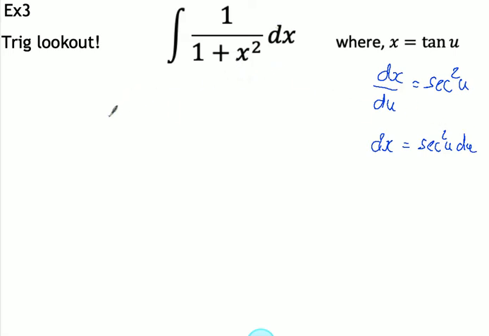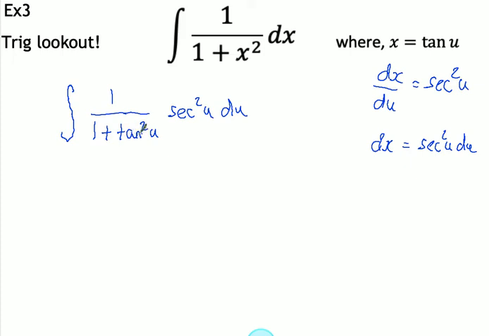So let's substitute into this and hope for the best at this point. So 1 plus tan squared u, and then we've got sec squared u du. Okay, 1 plus tan squared u, we know.